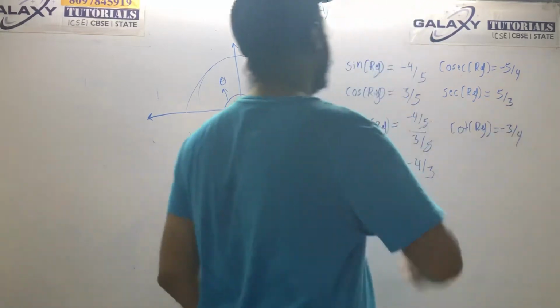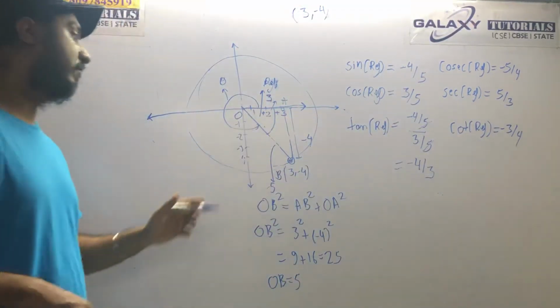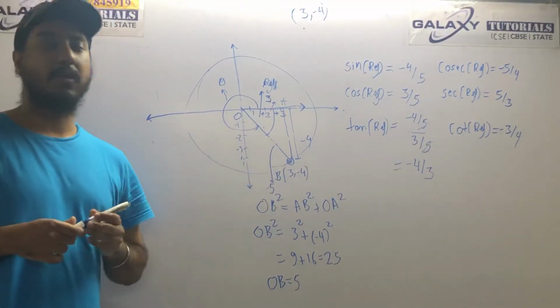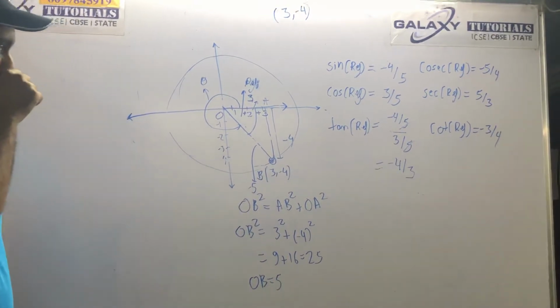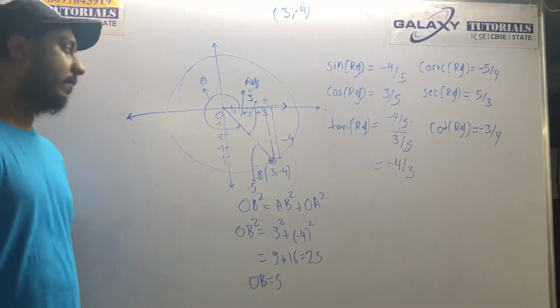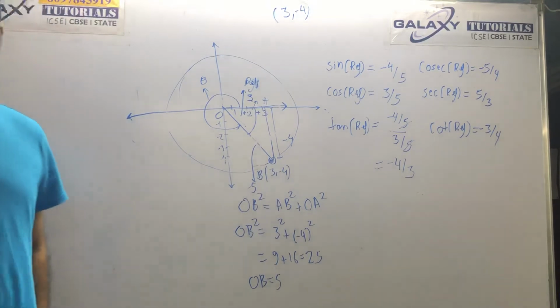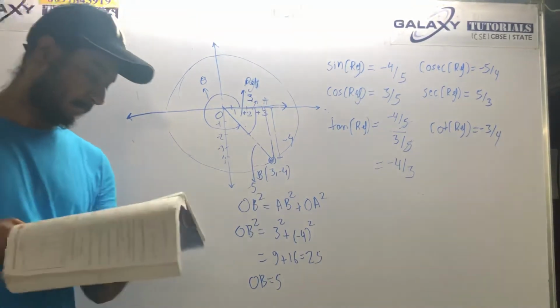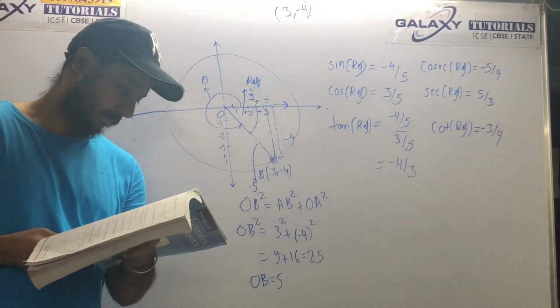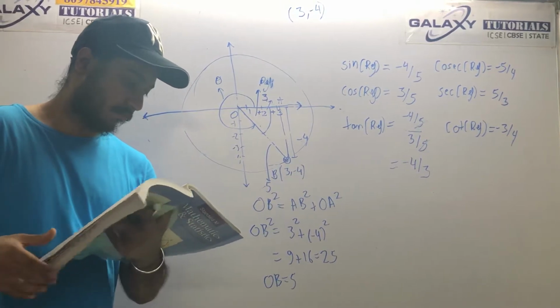So these are the values of all the trigonometric functions of the point (3, -4). I hope this is clear to you all. We'll do the next question now.